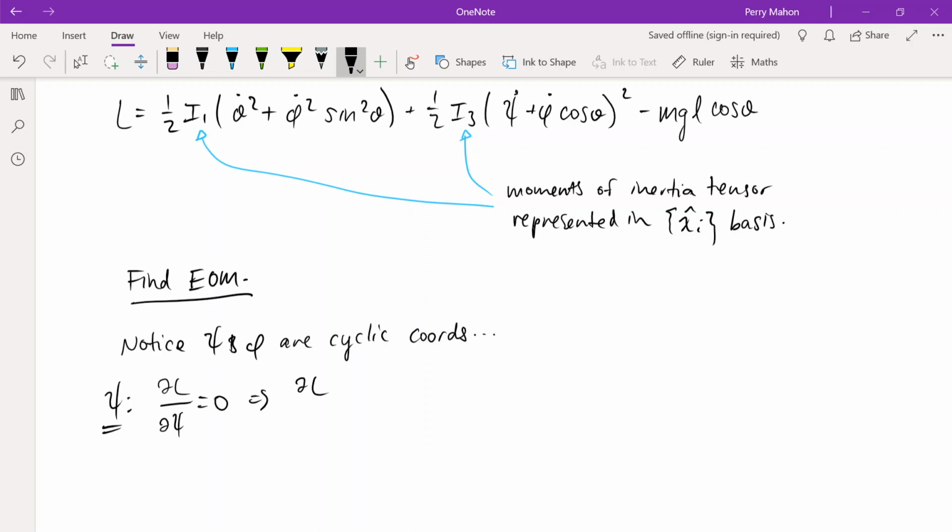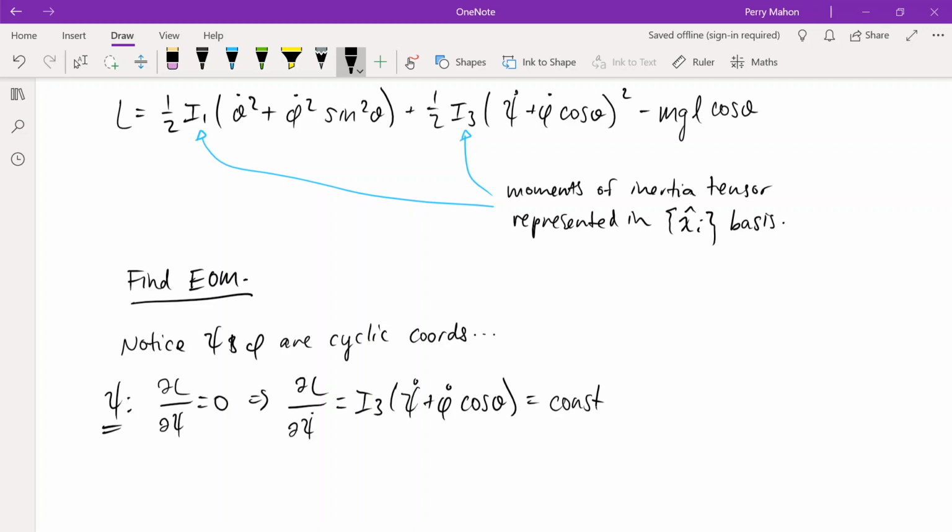So dL by dpsi dot is equal to an expression in terms of theta, and this is constant, because the time derivative of this quantity vanishes.